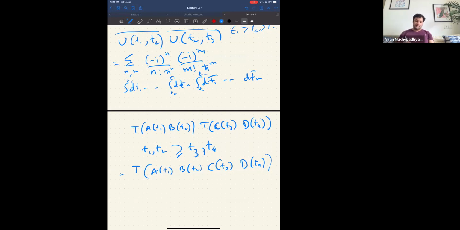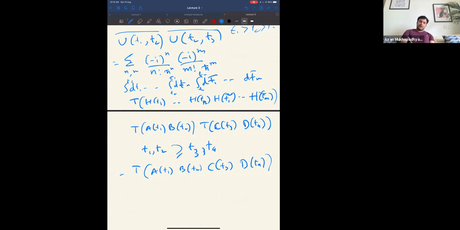Therefore we do not have any extra factor. So now what we can do is put the time ordering over H of T1 to H of Tn and H of T tilde 1 to H of T tilde m. We can do that because the time ordering is already taken care of.